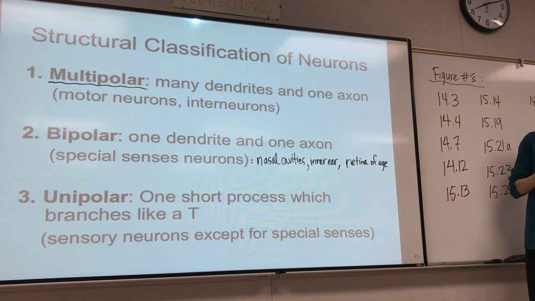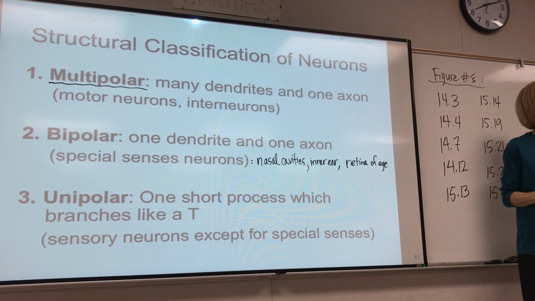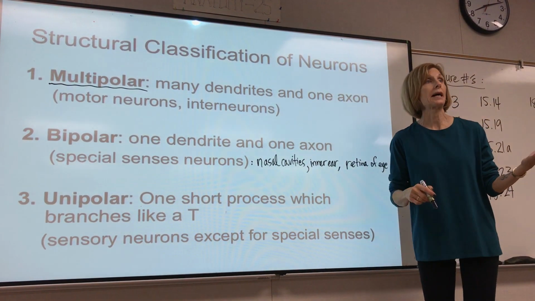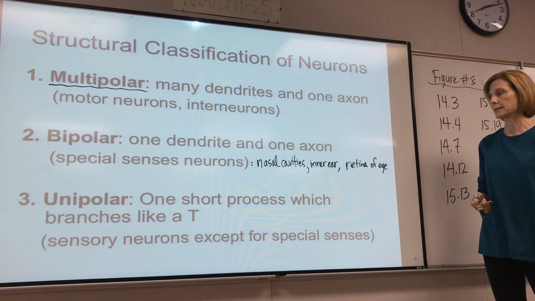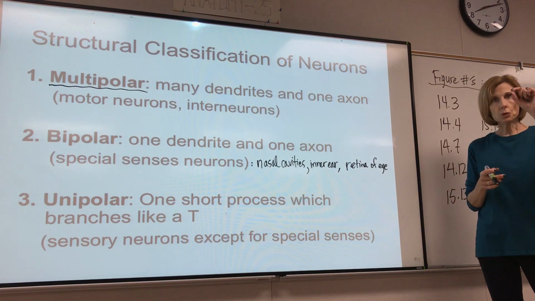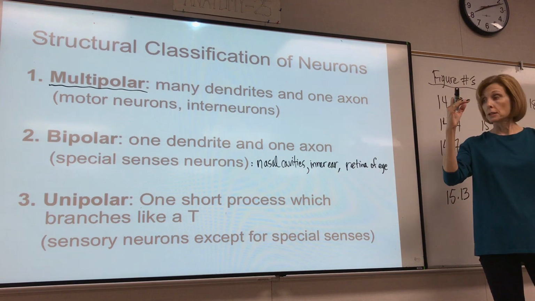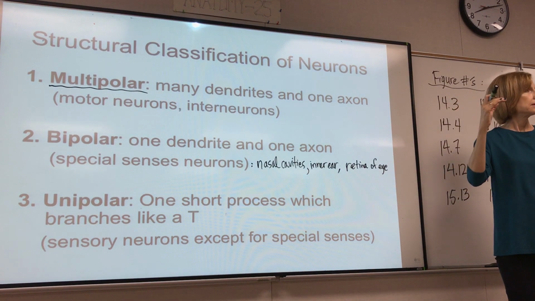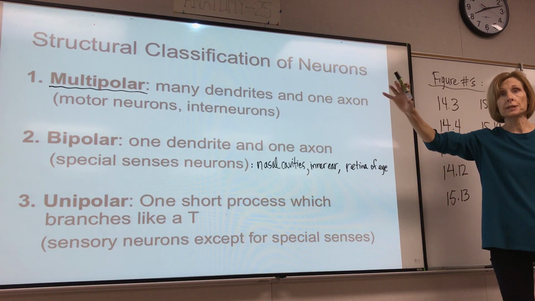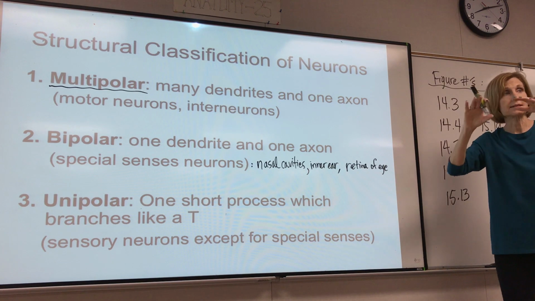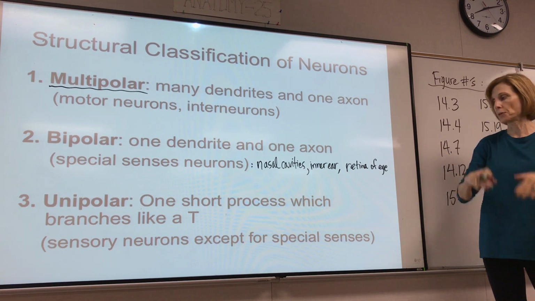Okay, and then the last type is called a unipolar neuron. Unipolar would have how many processes attached to the cell body? One, yes. The one short process will split so that one will carry the action potential into the central nervous system. One of the processes carries the action potential toward the cell body.